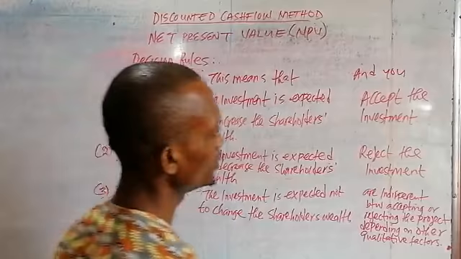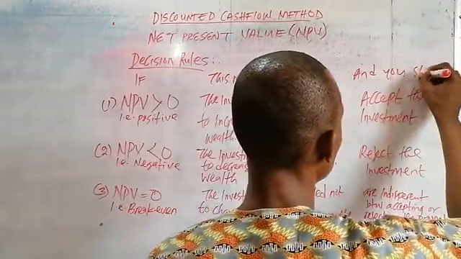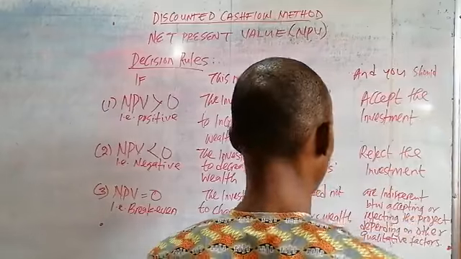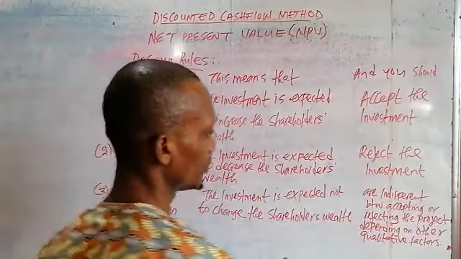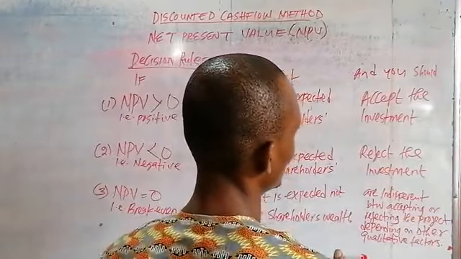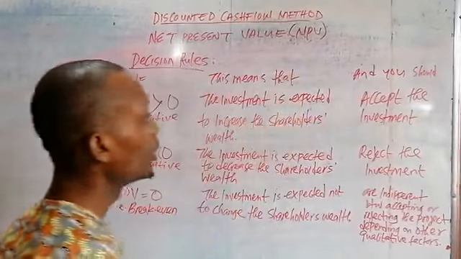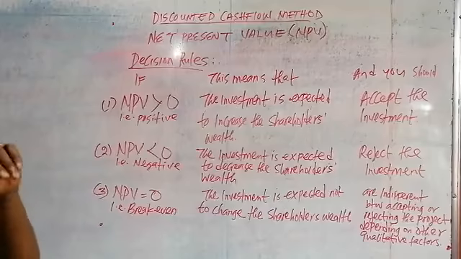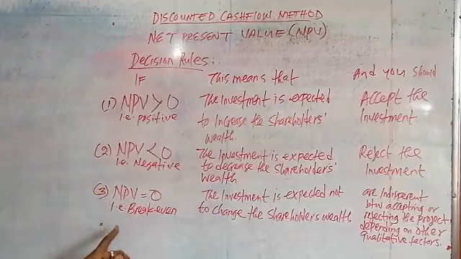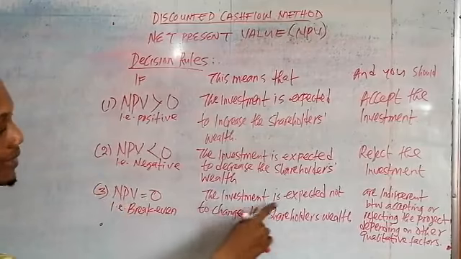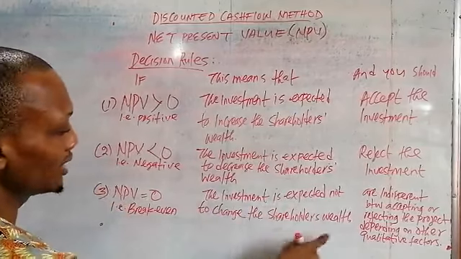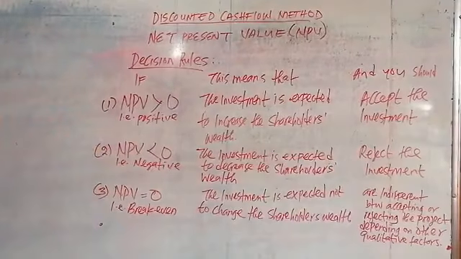Let me add should here, and you should... okay. 3. NPV is equal to 0, that is break even. The investment is expected not to change the shareholders' wealth at this break even point.